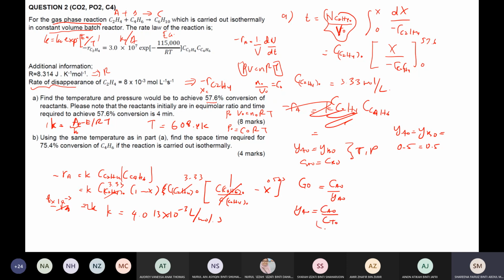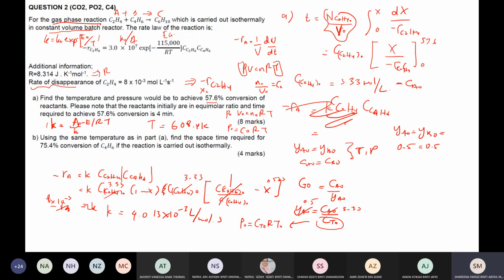Okay, so C T naught ni sebenarnya mewakili daripada this one, which is P naught is equal to C T naught R T naught. Okay, so masukkan balik. Alright, C A naught ni adalah the one that you dapat ni lah. This one is C A naught.